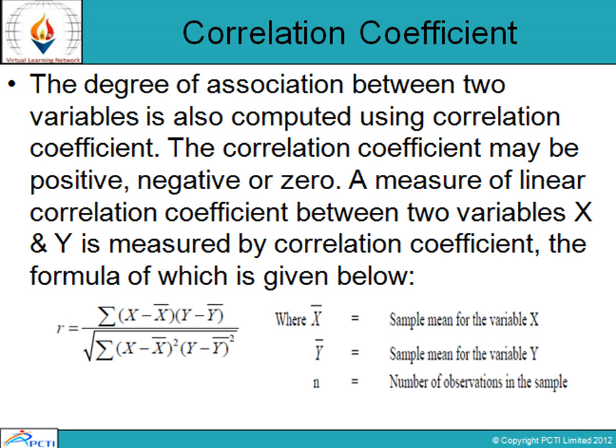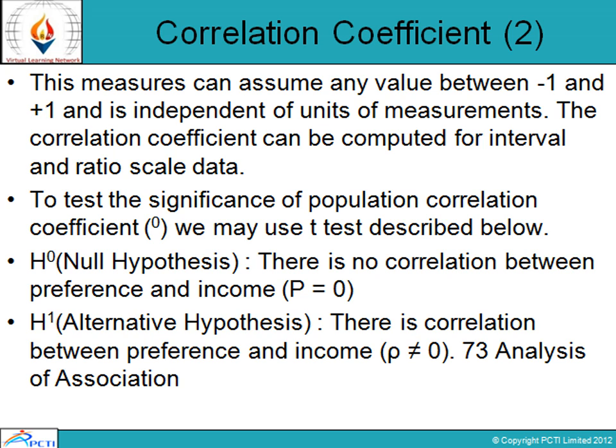A measure of linear correlation between two variables x and y is given by the correlation coefficient, and the formula becomes R equals this formula, where x bar stands for the sample mean of the variable x, y bar stands for the sample mean of the variable y, and n stands for the number of observations in the sample.